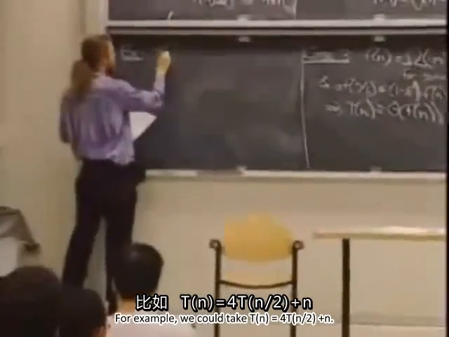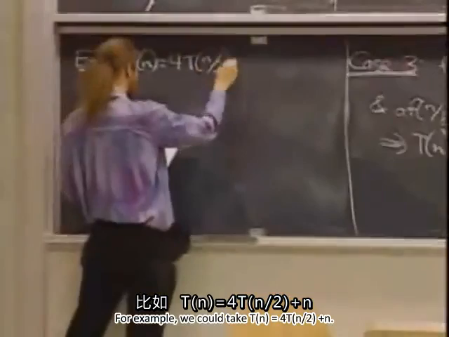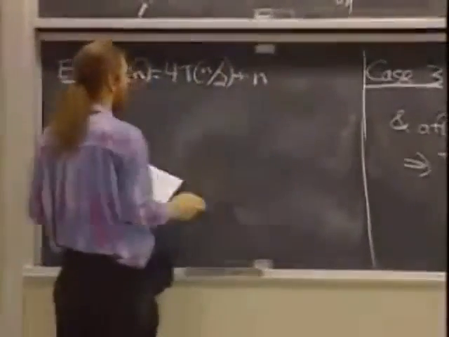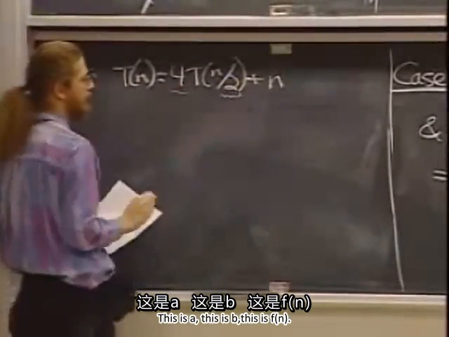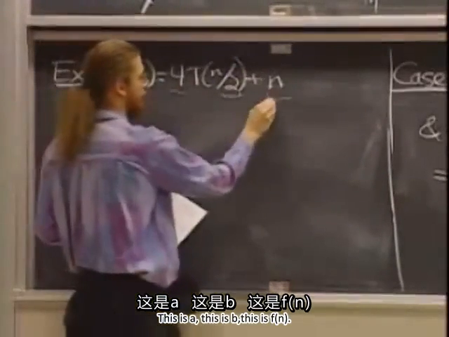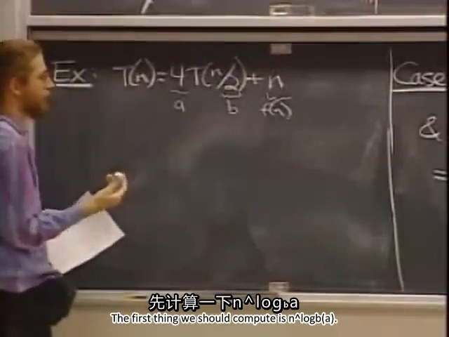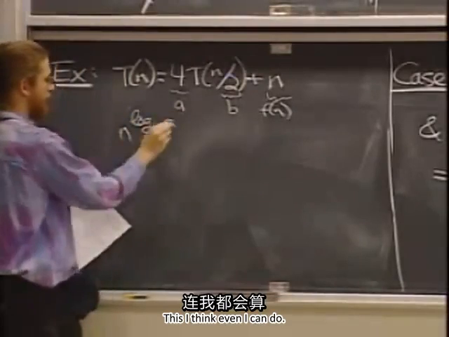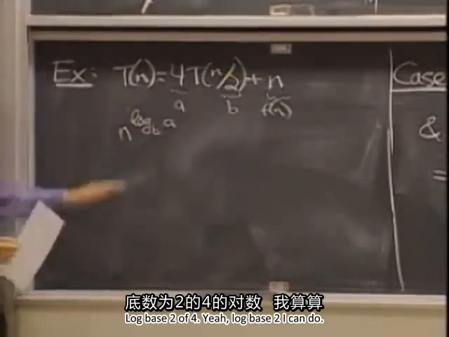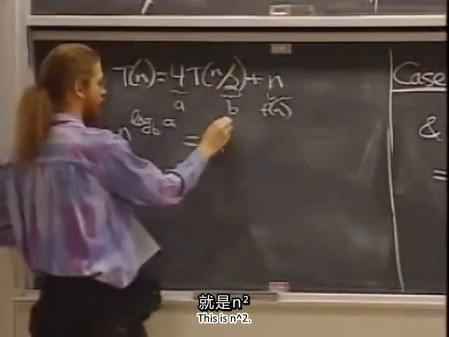So for example, we could take T of n is 4 times T of n over 2 plus n. Okay, this is a, this is b, this is f of n. So the first thing we should compute is n to the log base b of a. This, I think, even I can do. Log base 2 of 4. Yeah, log base 2 I can do. This is n squared.